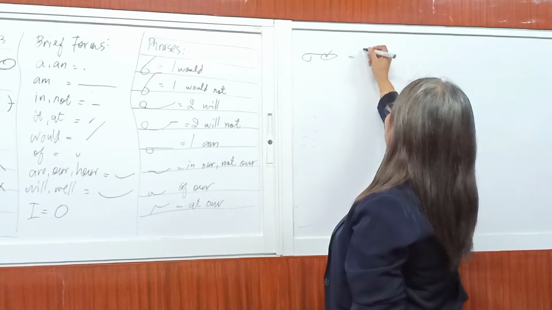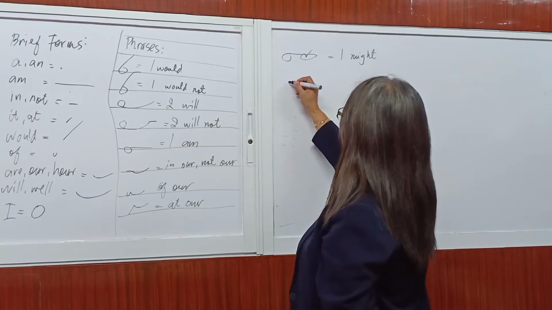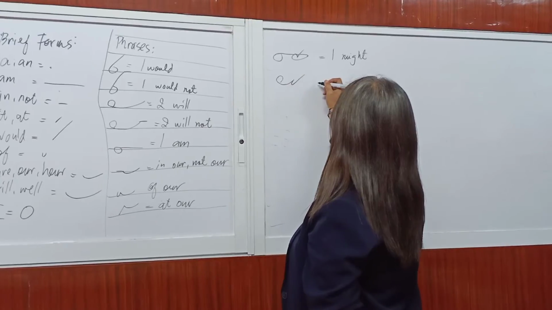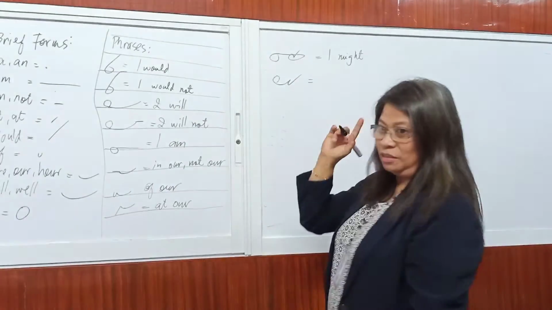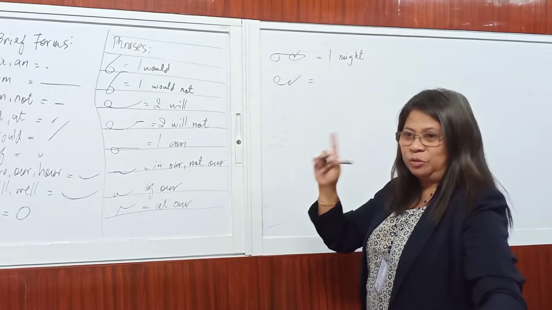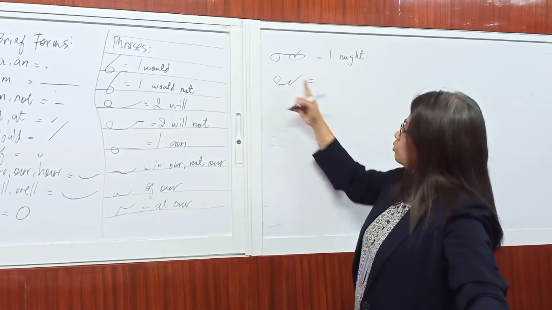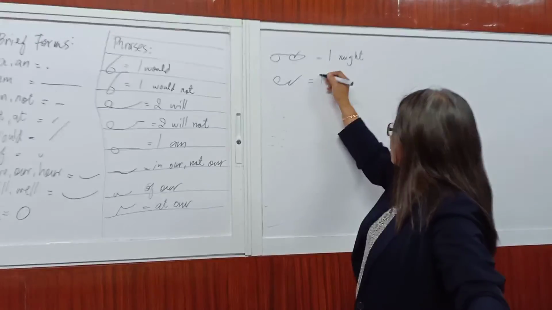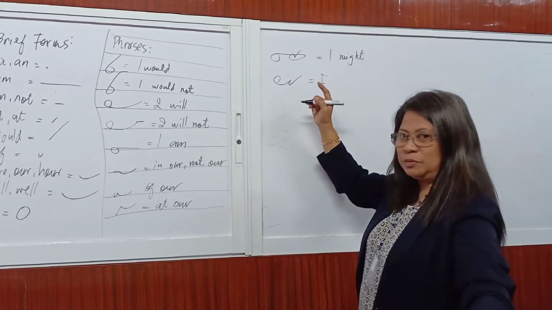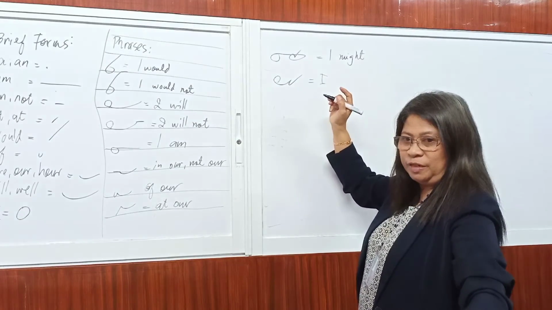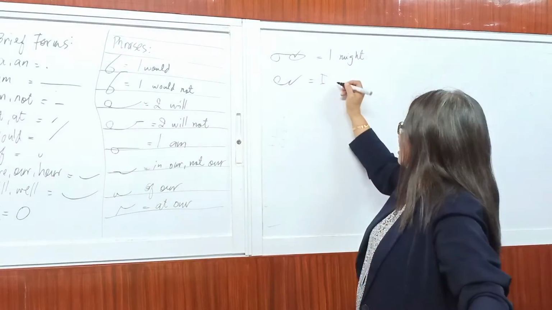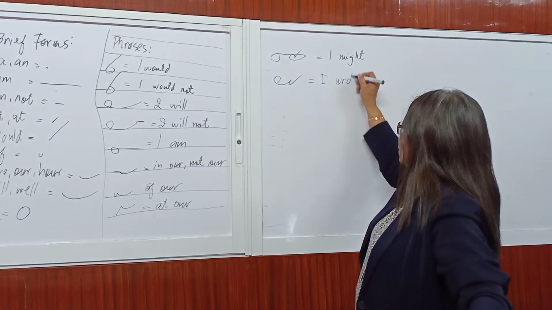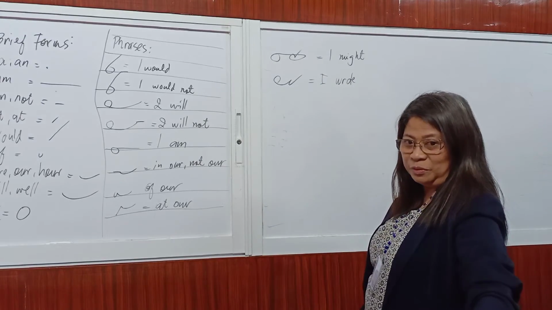I-M-I-T is I might. I-R-O-T. What is that? I-R-O-T. Take note. Shorthand is written according to sound. So if you're going to separate that, I, and then R-O-T, what's the word? I row.